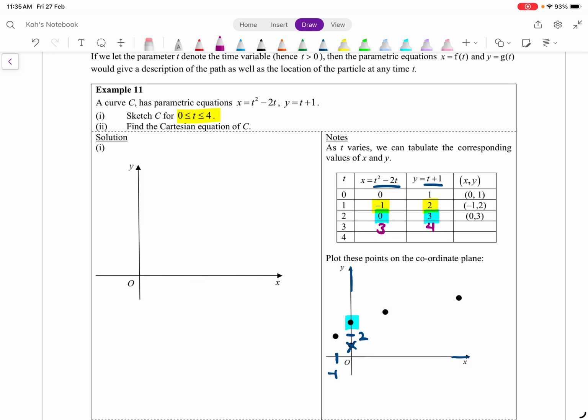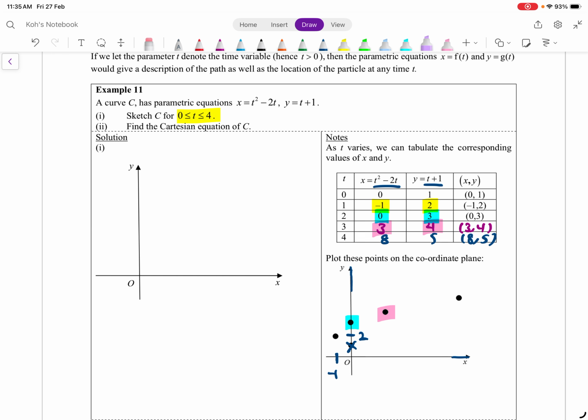So the coordinate we are looking at is (3, 4), which is this point. Last but not least, t equal to 4: 16 minus 8 is just 8, then the y coordinate will be 5. So it's (8, 5). These are all the values that we are looking at.